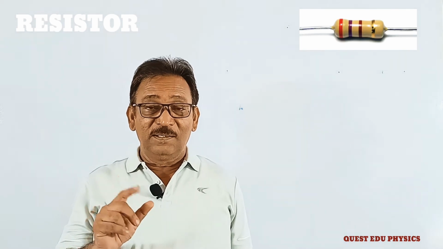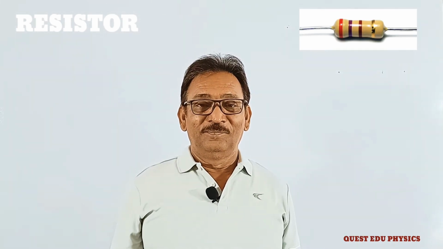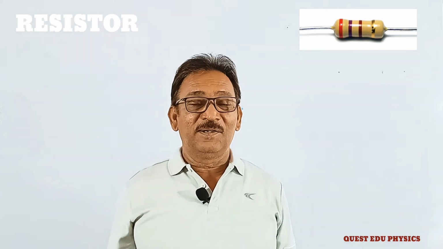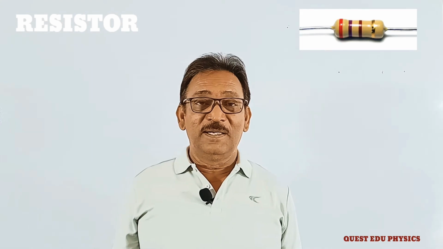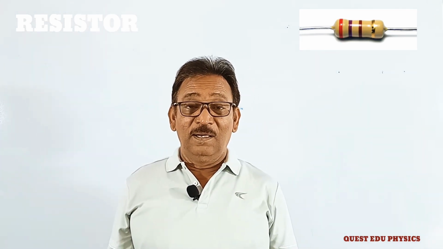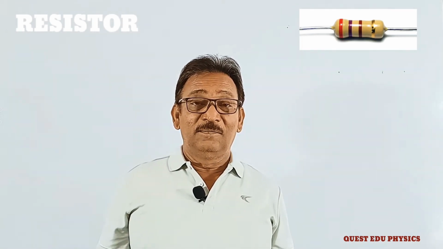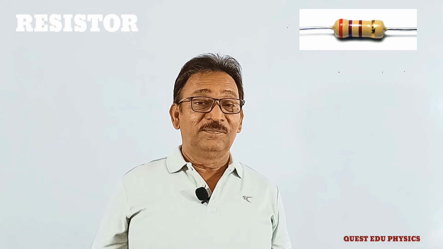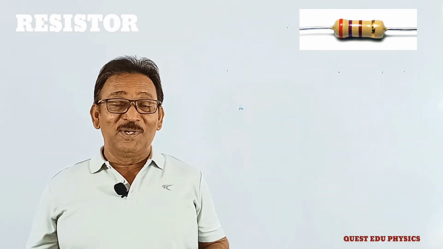A resistor is a passive element connected in an electric circuit. Okay, students. A resistor is a passive element which is connected in a circuit. How do you connect it? If you see any resistor, it consists of two terminals, students.